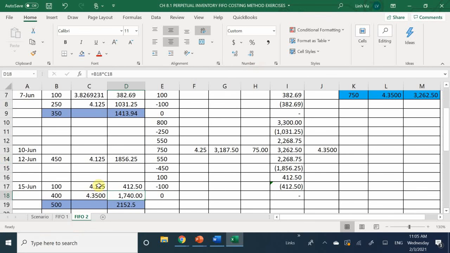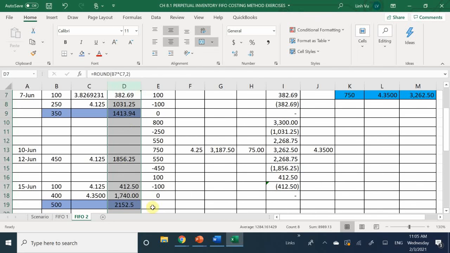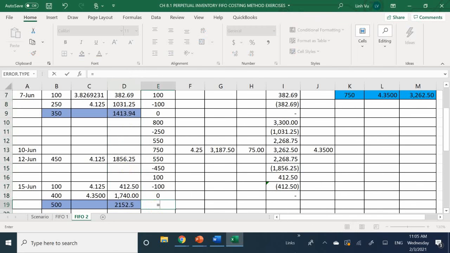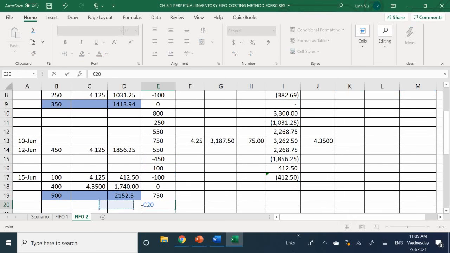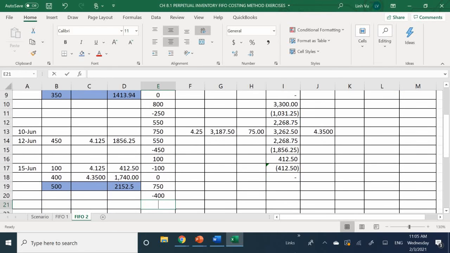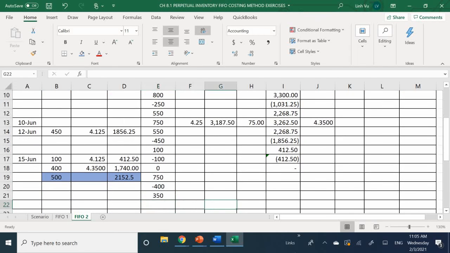Okay, good. So now that we have this, we're going to update our inventory. So again, I'm going to pull my numbers down from my 750 that I bought and subtract the 400. So I should have a remaining of 350 items. Same thing here.